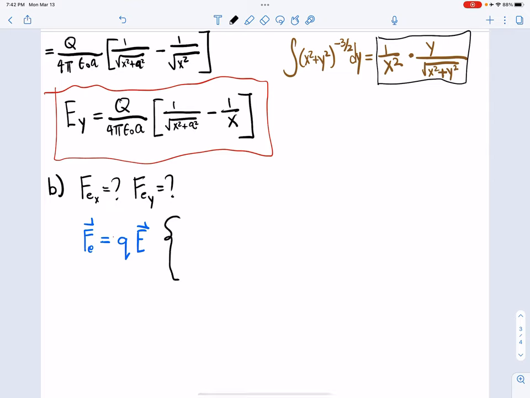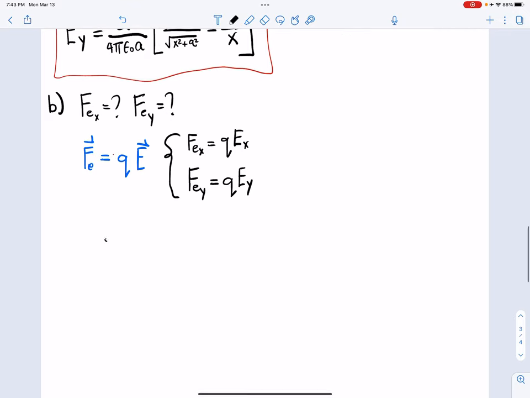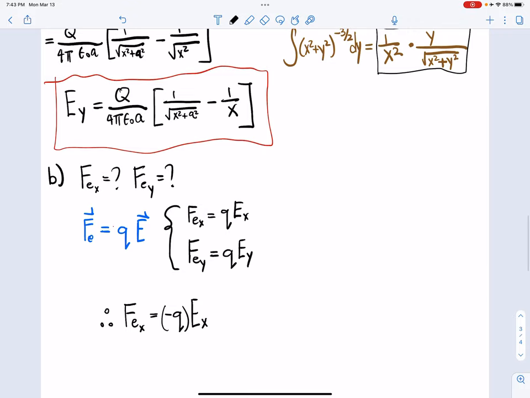All right, so Fex is going to be q times Ex, or the x component. q, the charge, times the x component of electric field. The y component of electric force is going to be q, or the charge, times the y component of electric field. So, therefore, for the x component of electric force, that's going to be equal to minus q, that's the charge that was given in the problem, times Ex, which we solved for earlier, right?